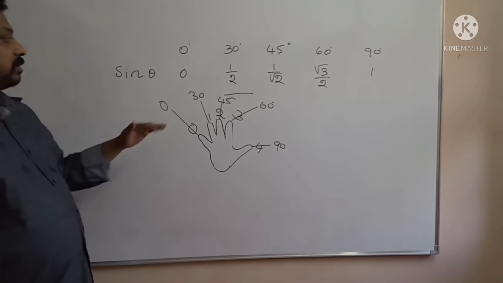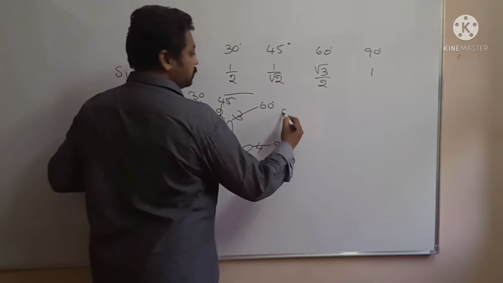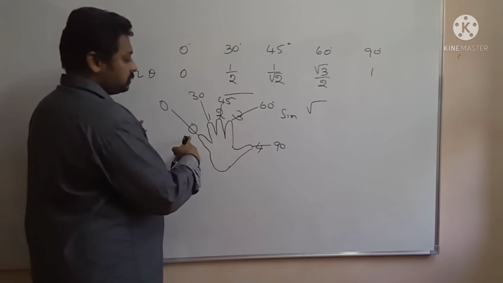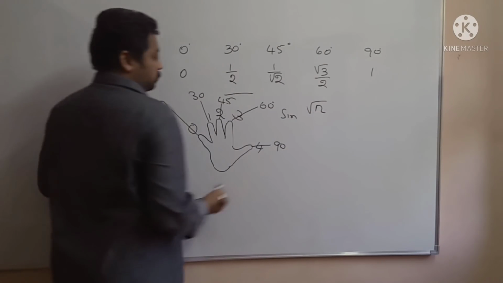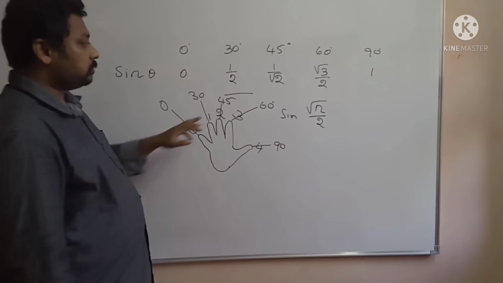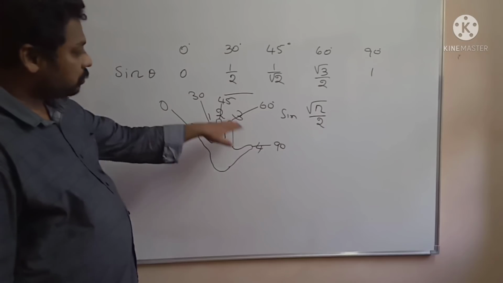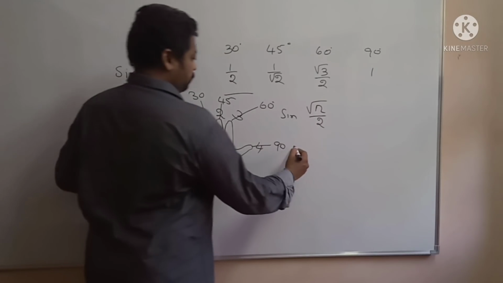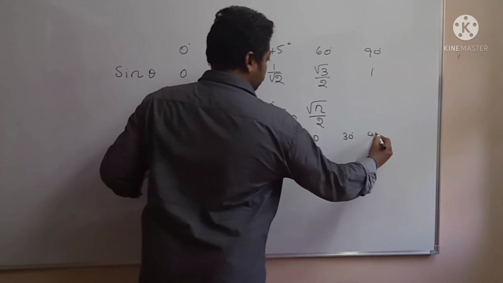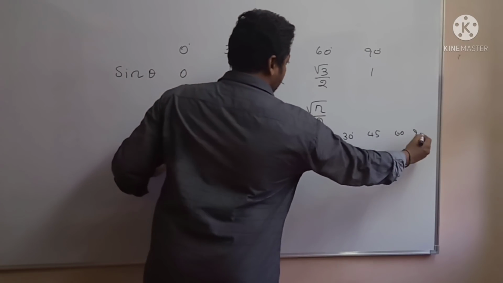The formula for sine is square root of n divided by 2, where n is this 0, 1, 2, 3, 4. So first we find for 0, 30, 45, 60 and 90.